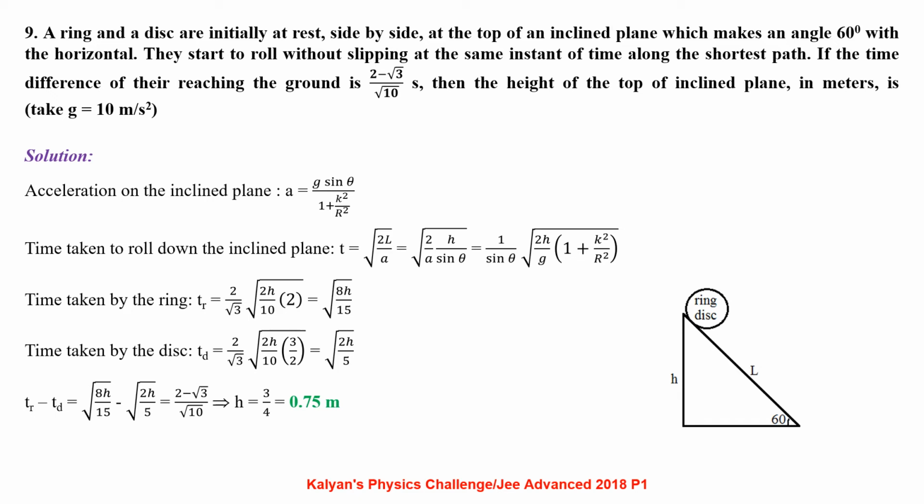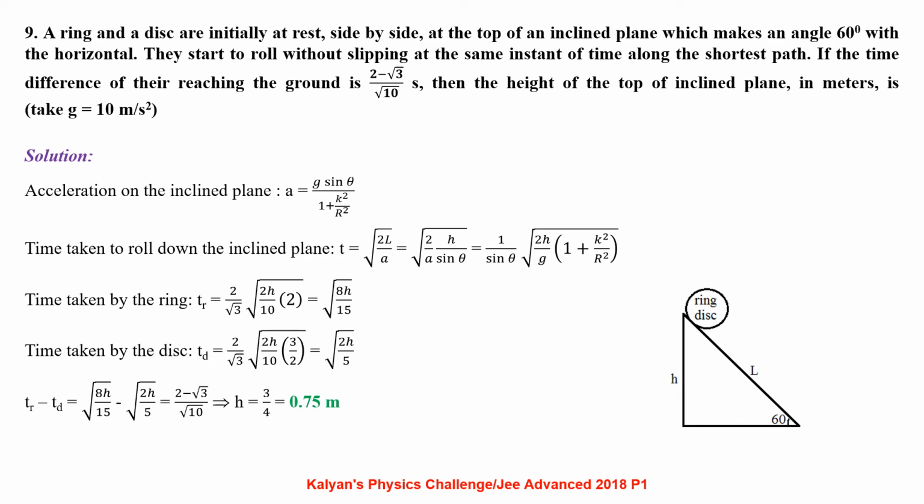Acceleration on the inclined plane a equal to g sin theta by (1 plus k square by r square). Time taken to roll down the inclined plane t equal to root of 2l by a, that is root of 2 by a times h by sin theta, that is 1 by sin theta times root of 2h by g of (1 plus k square by r square). Time taken by the ring t ring equal to 2 by root 3 times root of 2h by 10 into 2, that is root 8h by 15.